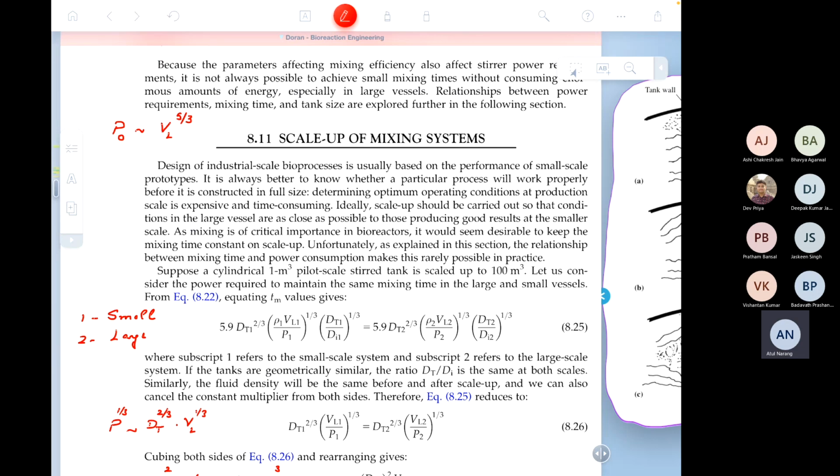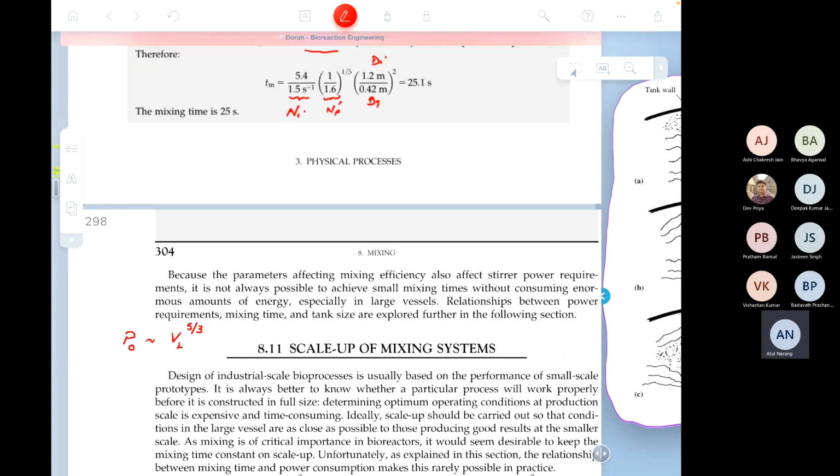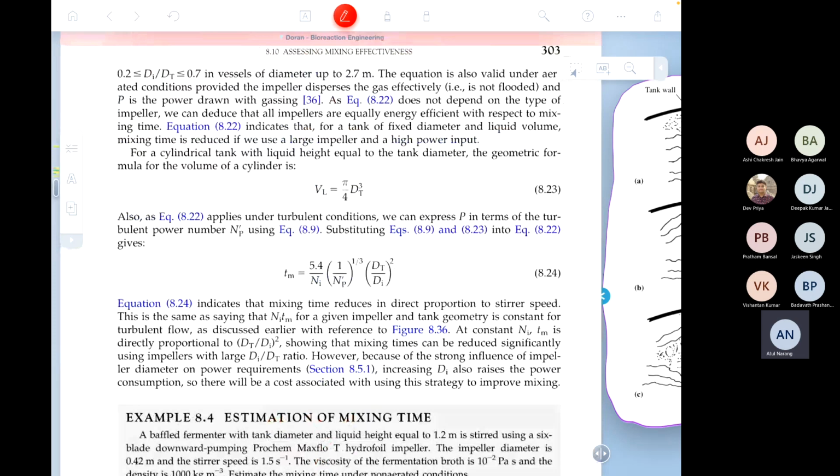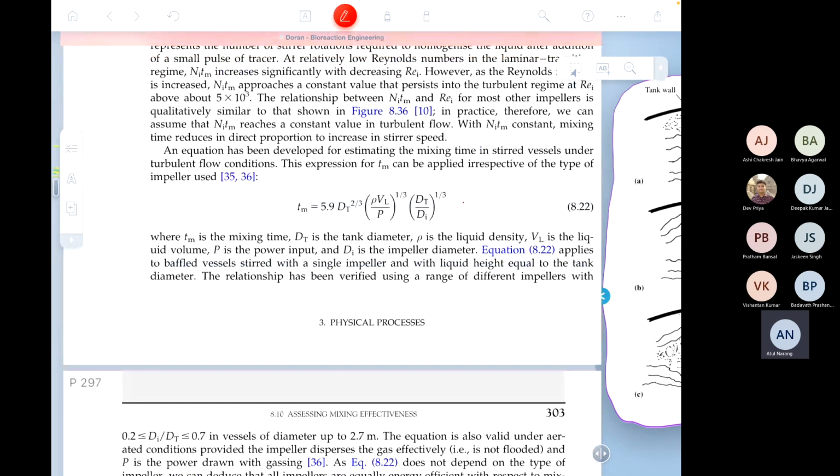So supposing you want the mixing times in the two to be the same. This is TM1, the mixing time in the small reactor, and on the right hand side, we have TM2, the mixing time in the large scale reactor, right? And she's using basically the formula that we have just worked out.